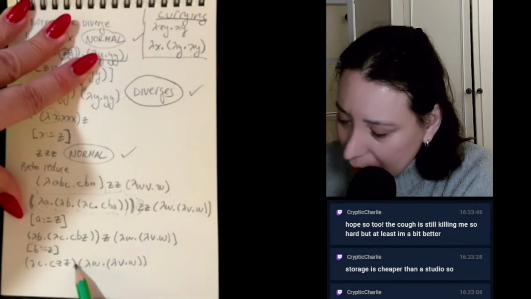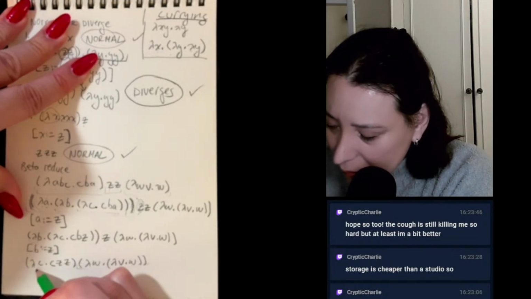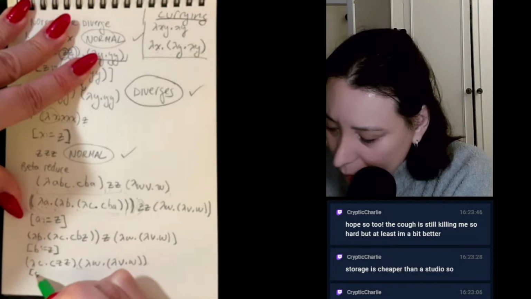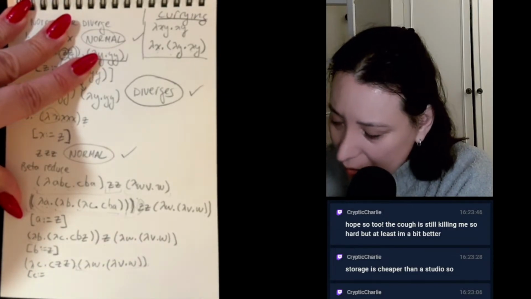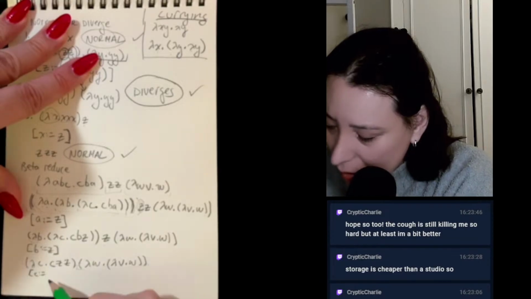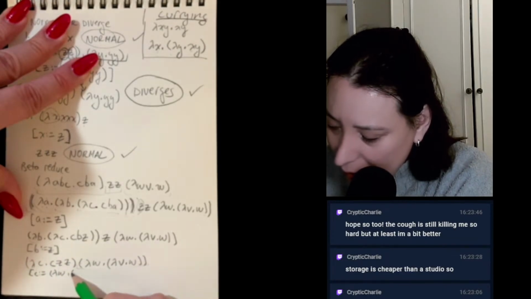So now this is an argument that can go in as C, so we do C is equal to, oh God, I hope you can see this. C is equal to the W dot V dot W.